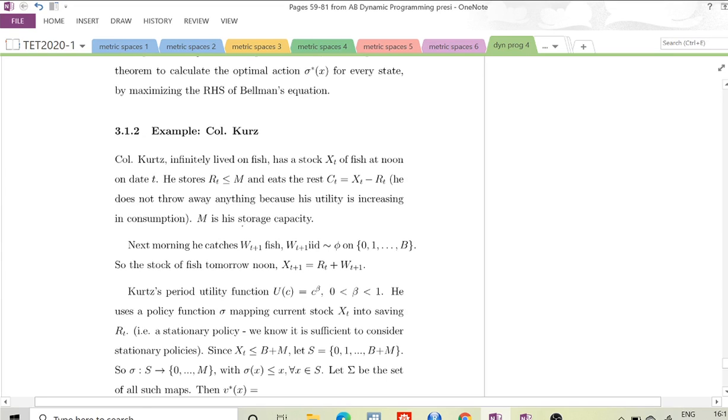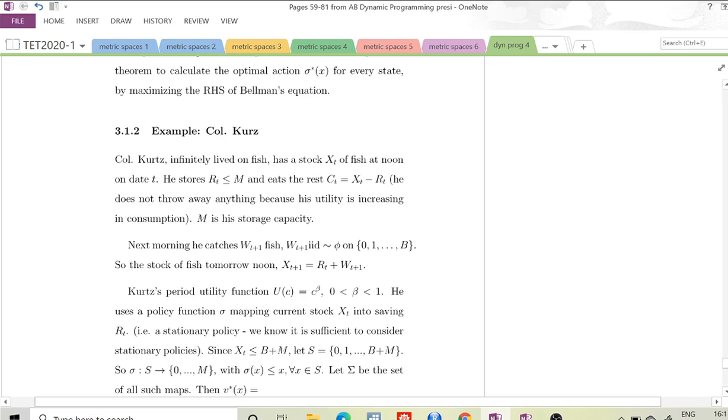And then next morning he catches some fish, and that's a random shock. If you want to convert this to the language of optimal consumption, you could say that I consume something, I save the rest, and that saving grows because I've lent it and there is some interest.